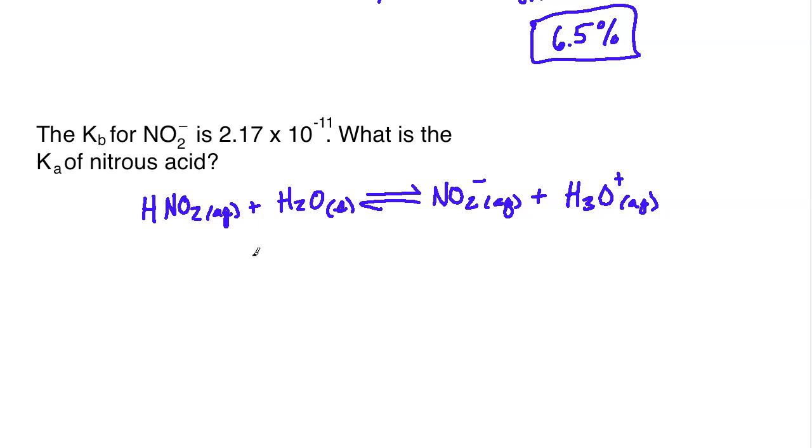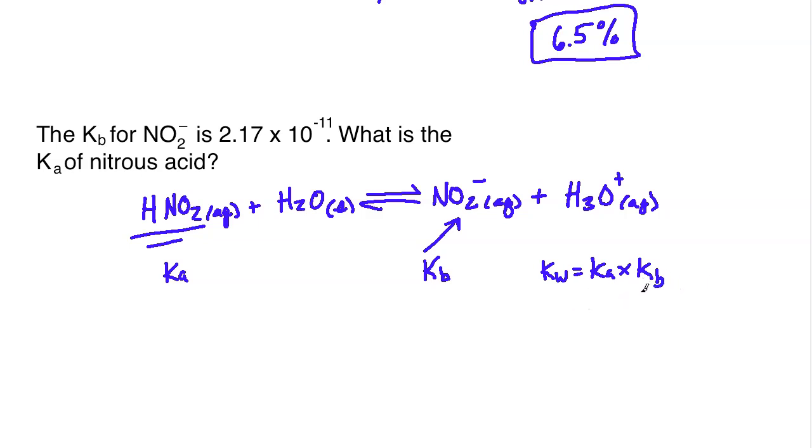So, in this case, what are we looking for? Well, the Kb is given. It's telling us the Kb of this base right here. Now, if we know the Kb, this is what we were talking about on that slide where Ka and Kb are going to give us Kw. We can find the Ka of this because it's a direct conjugate pair. What we know is that Kw is equal to Ka times Kb.